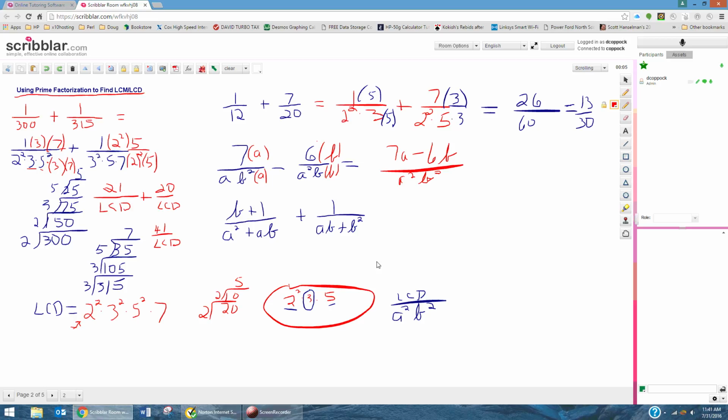Okay. Now for this third problem, these denominators are not in factored form. A squared plus AB, whoops, not a very good B there.